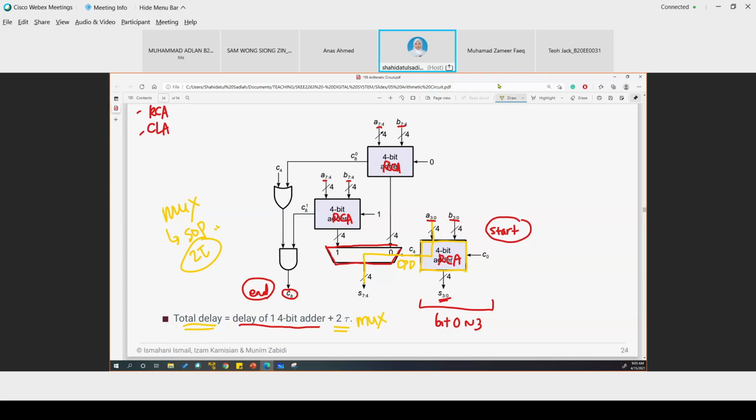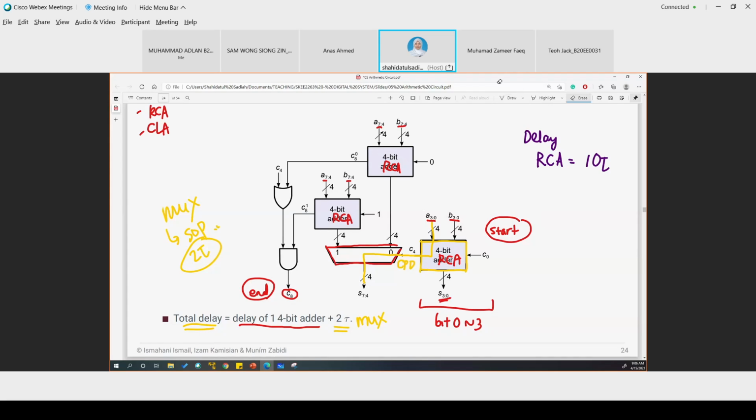So we add 2 tau to the delay of the 4-bit adder here. For example, if we are using the RCA, ripple carry adder, the delay of a 4-bit ripple carry adder is, remember, 10 tau. So you can check it again later.